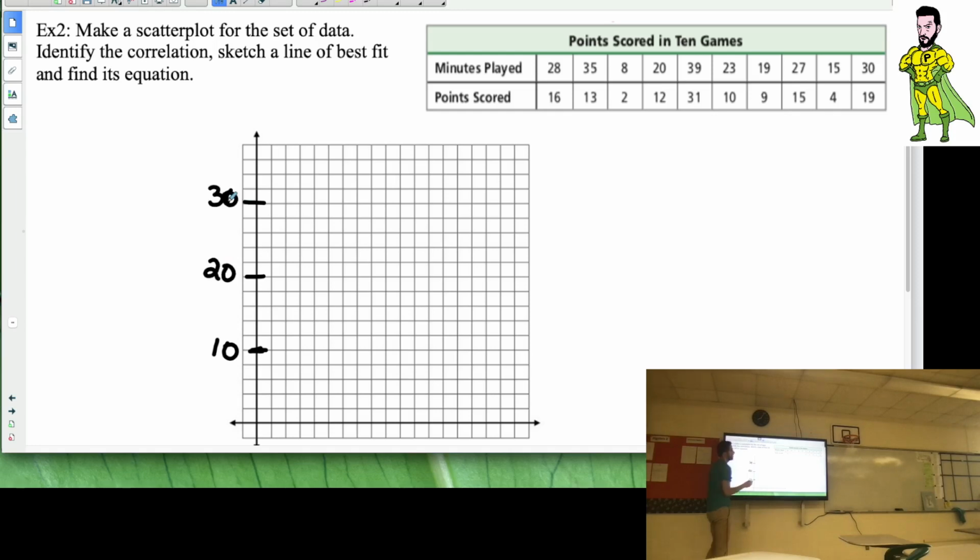Alright, so this is our point sort. And then down here will be our minutes. And our minutes are going to go by the same scale. 2, 4, 6, 8, 10. 2, 4, 6, 8, 10. 2, 4, 6, 8.